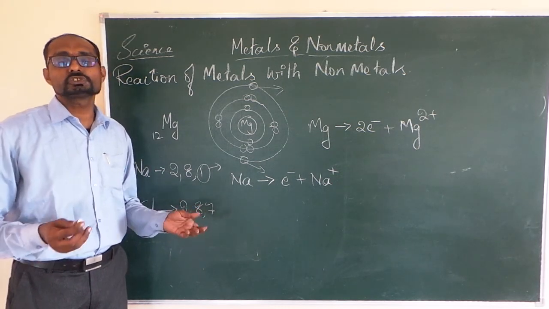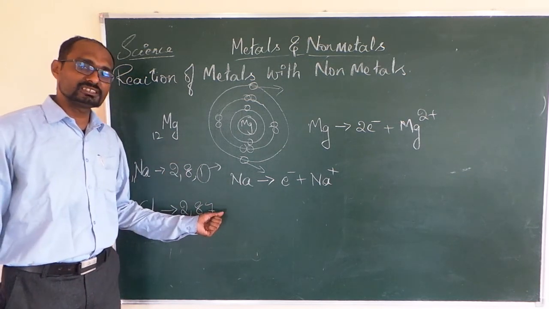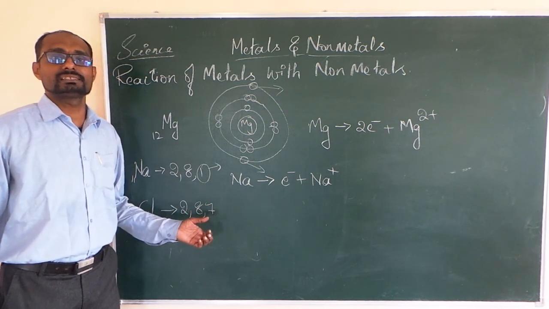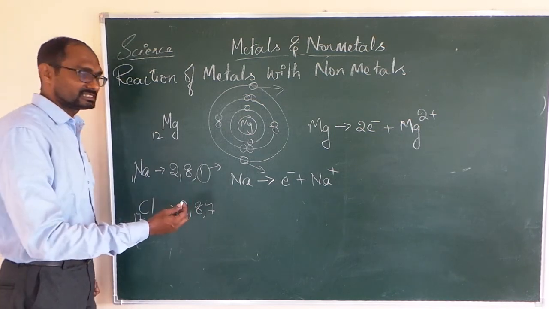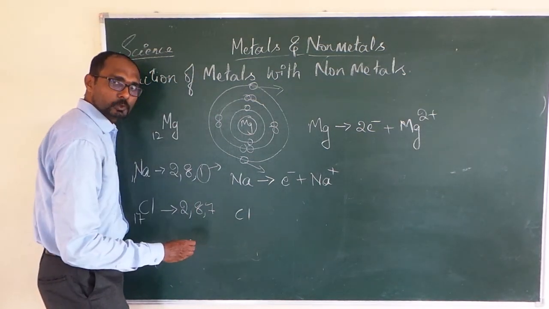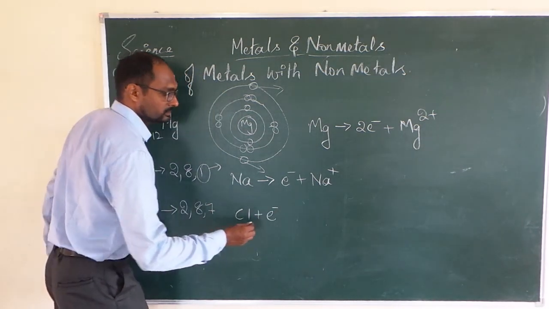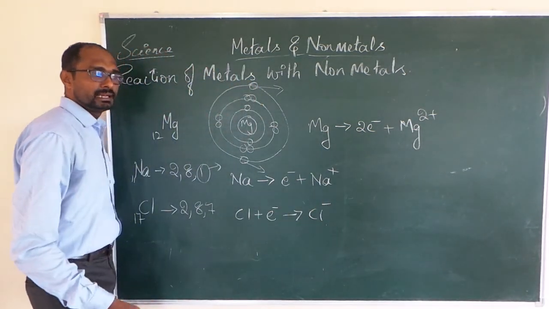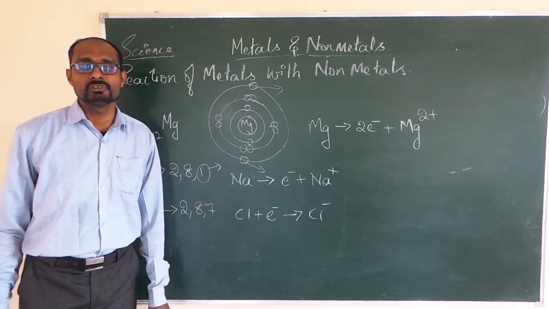Now, amongst the 2 choices it has of gaining 1 electron or losing 7 electrons, it is more convenient, and requires very little energy, to gain 1 electron instead of losing 7 electrons. So, an atom of chlorine gains an electron to form the chloride ion.